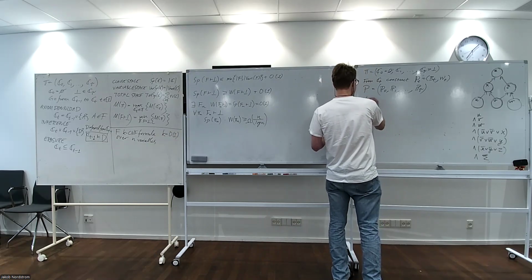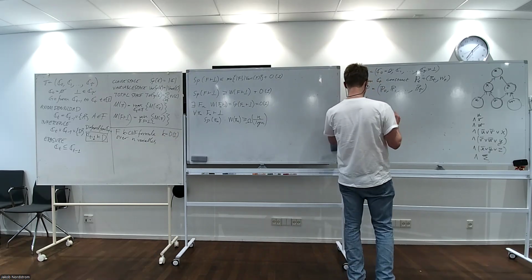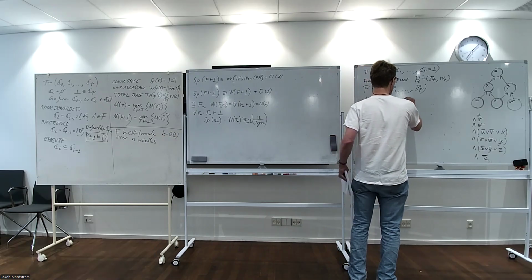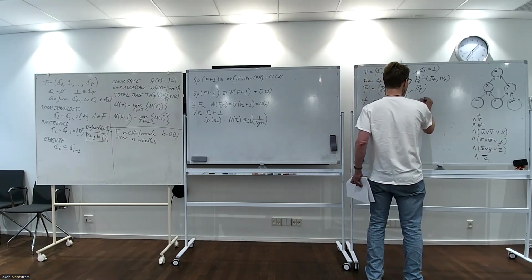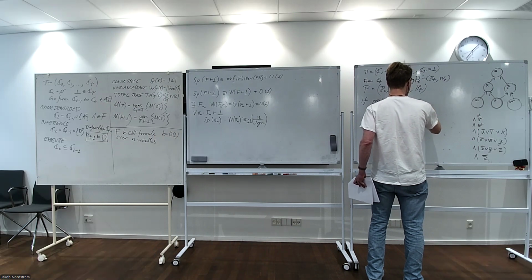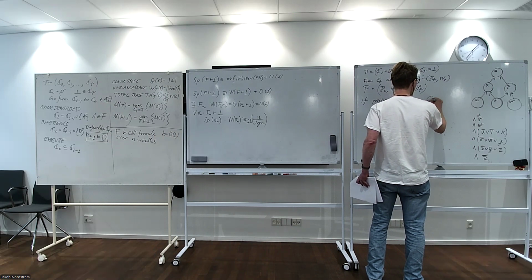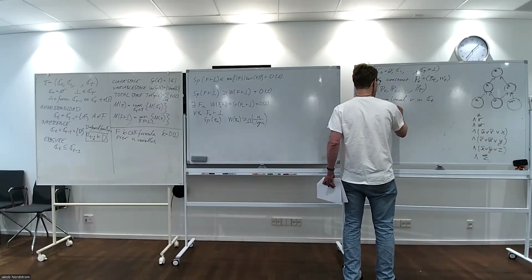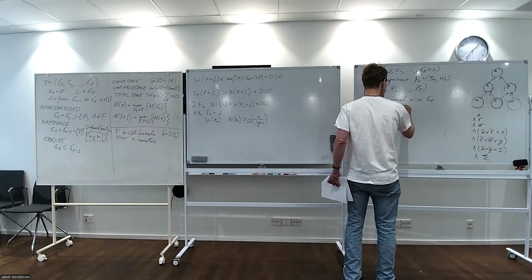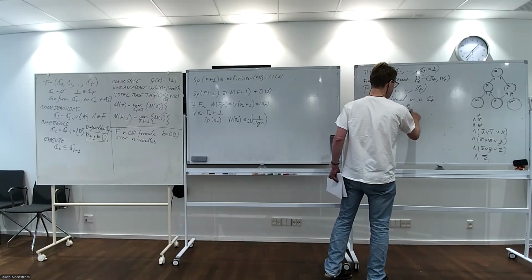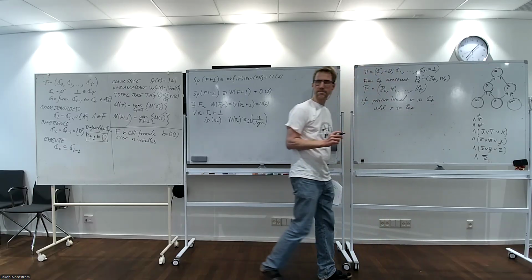So the idea behind the translation is that if the positive literal V for a vertex V is in some clause in C_t, then I will add V to the black pebbled vertices at time t, V sub t, always.